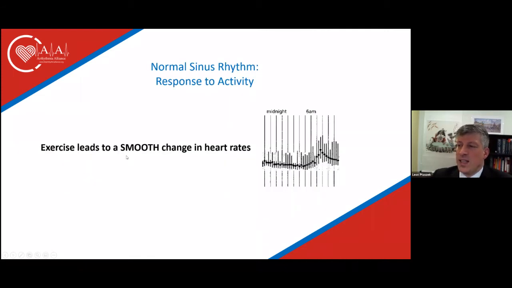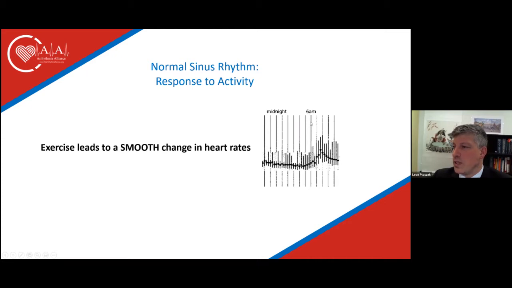And this highlights a key principle, and that is exercise will typically lead to a smooth change in heart rates. That is to say, with activation, your brain will send signals to your heart, leading to a gradual and progressive increase in heart rates. Now, sometimes the rate of change is more sudden than at other times, but what you're looking for is a curve like I'm showing you here in this tracing associated with exercise.